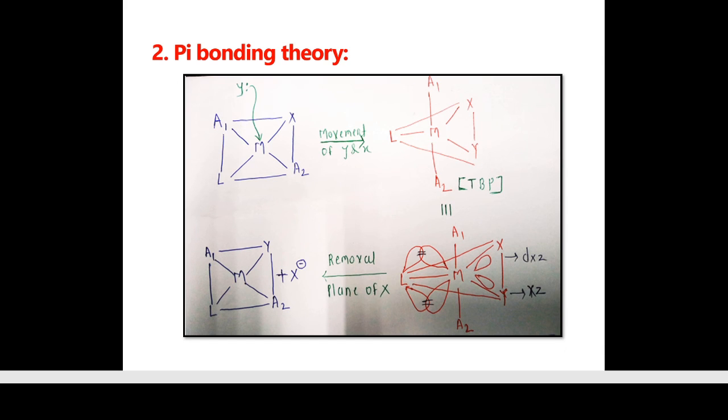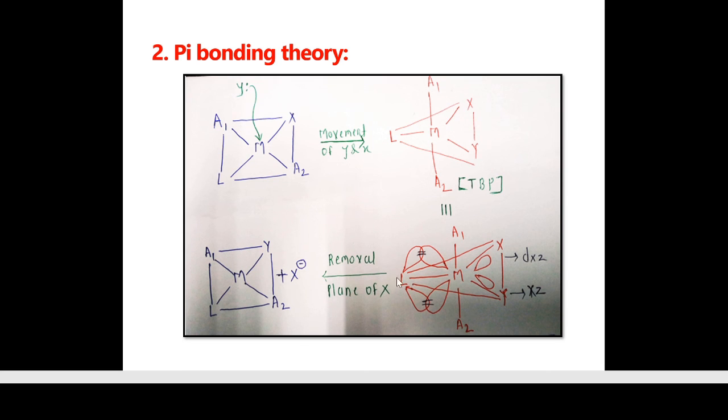The trigonal bipyramidal transition state can be stabilized when the empty p orbital, d orbital or pi star orbital of ligand L overlaps with the non-bonding filled orbital of the metal M to form a pi bond. Here is the overlapping between the empty orbital of the ligand and the filled orbital of the metal.